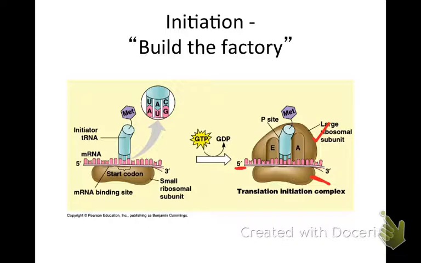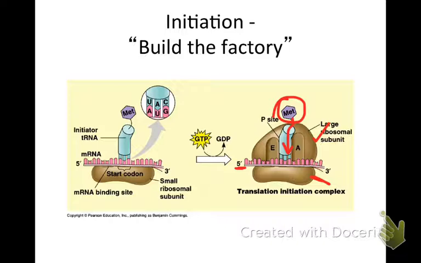Then, what it does is AUG, the start codon, brings in a tRNA. And then, this is attached to, because remember, AUG is the start codon, and it codes for the amino acid methionine.